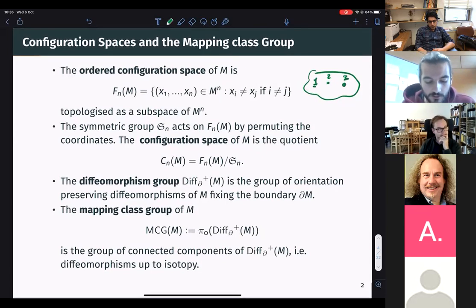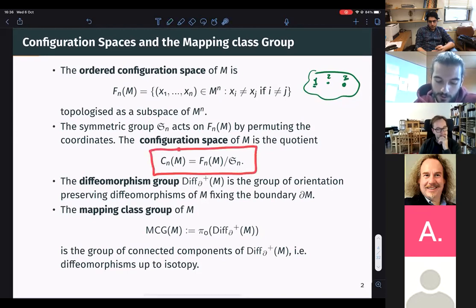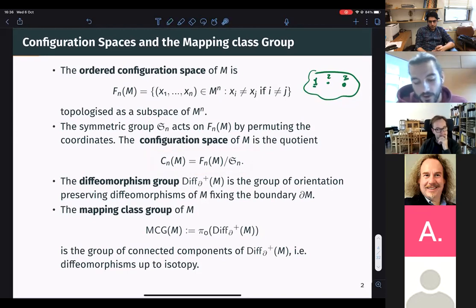Now the symmetric group acts on this space by permuting the particles, so we can take the quotient, and that's what for me will be the configuration space of M, or unordered configuration space of M. In the picture, what changes is that we do not have labels on the particles anymore.